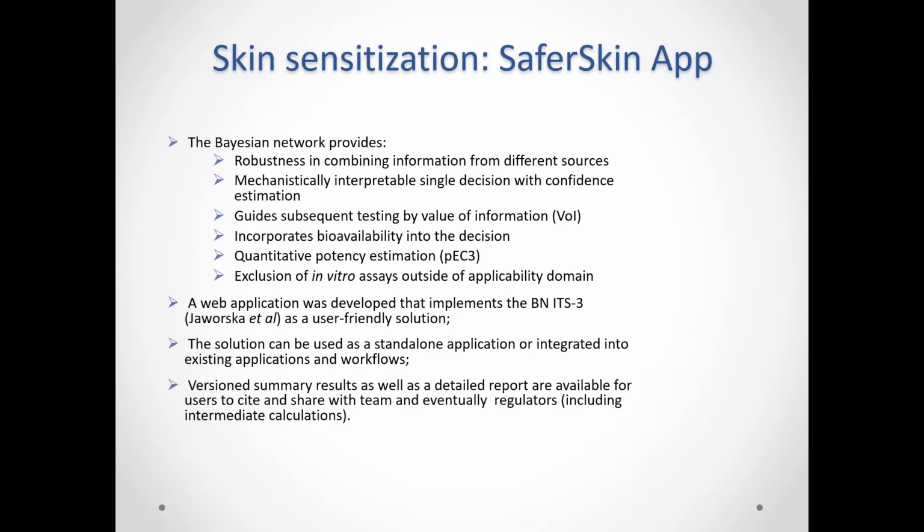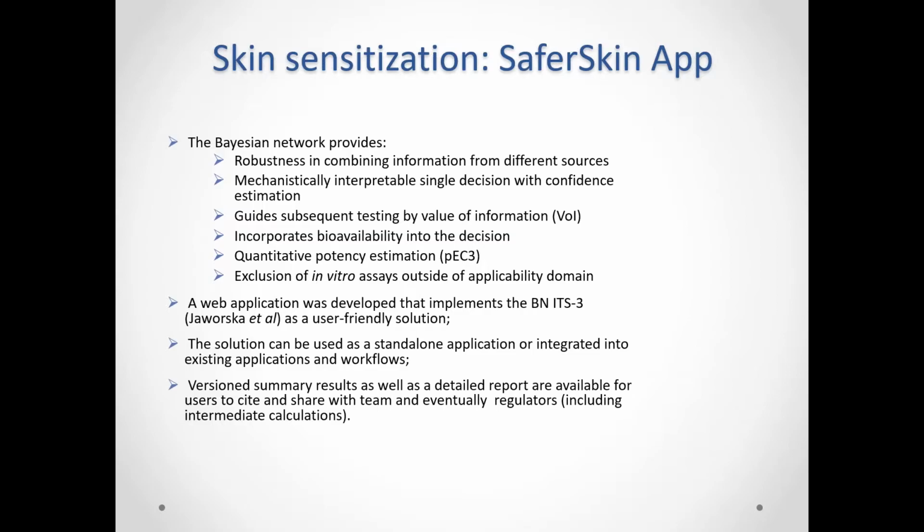Why would we say that the Bayesian network approach is better than the other 2, the majority voting and the linear regression? It's mostly because of all the reasons mentioned here.